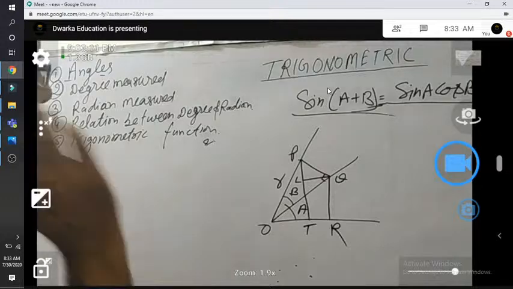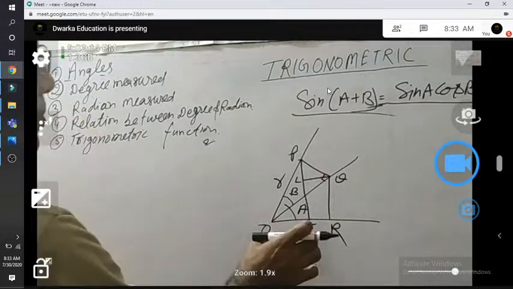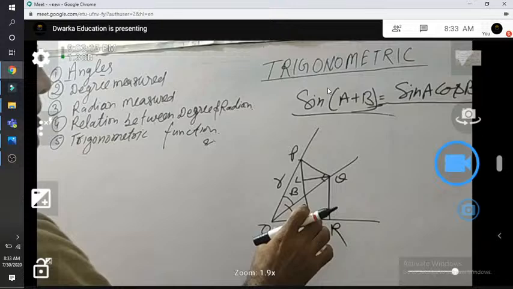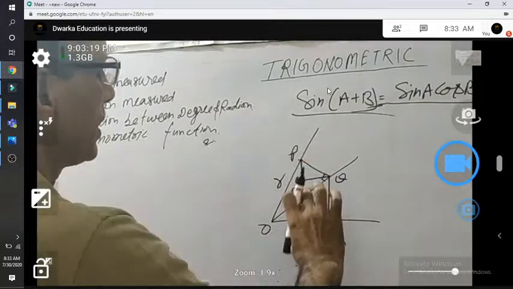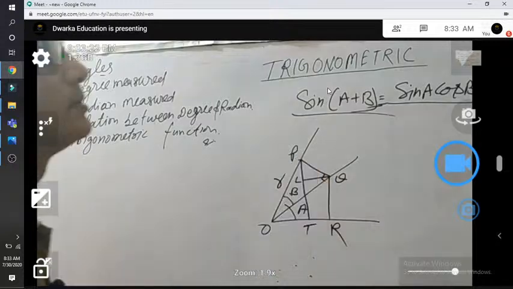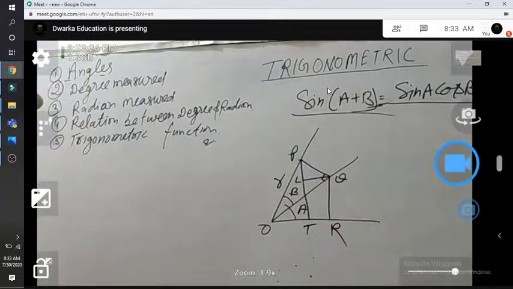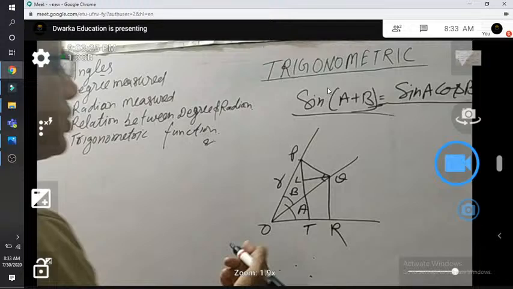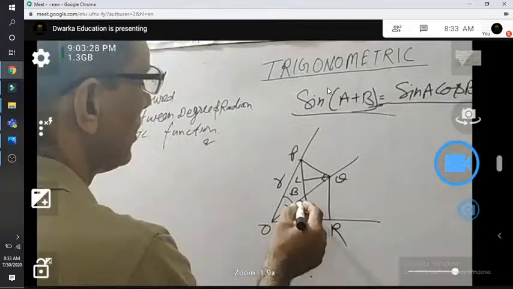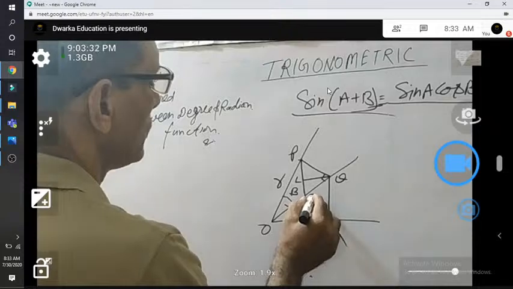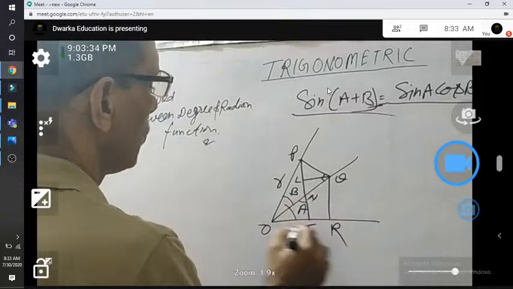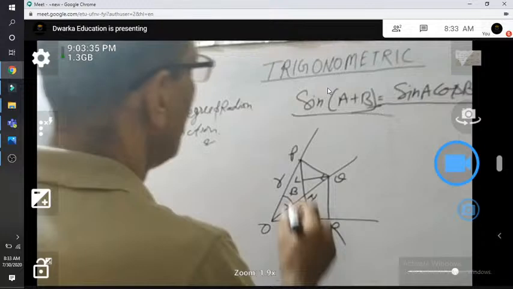First of all, we find the value of OT. We find the value of PT by OP. But first of all we take this triangle OT and LQN.